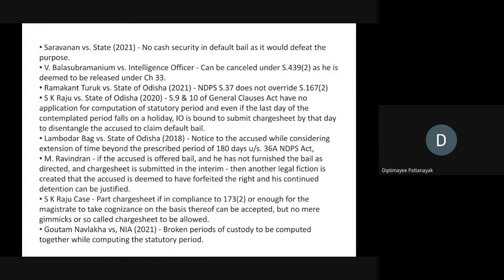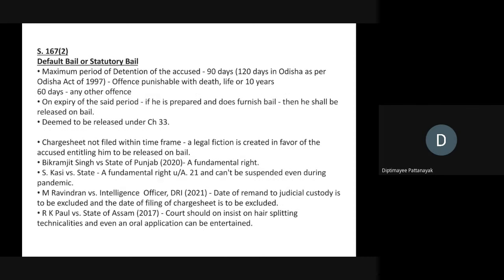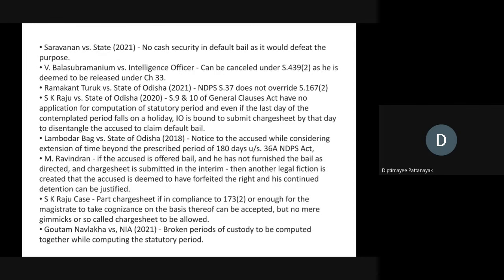We had already discussed that it is deemed to be released under Chapter 33. So that's why in V. Balasubramaniam versus Intelligence Officer, the bail given can be cancelled as he is deemed to be released under it.